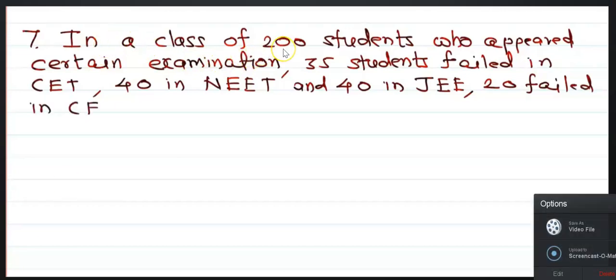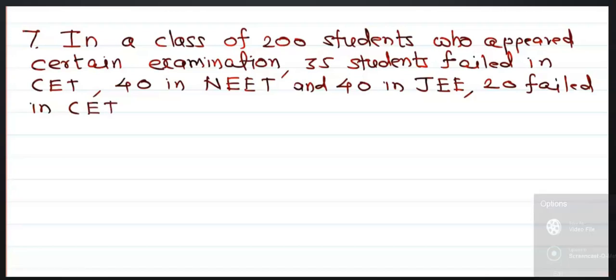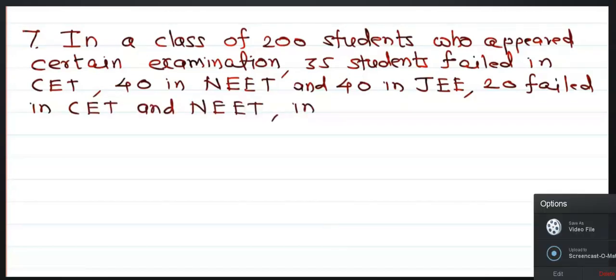In a class of 200 students who appeared for a certain examination, 35 students failed in CET, 40 in NEET and 40 in JEE. Now the next, 20 failed in CET and NEET.